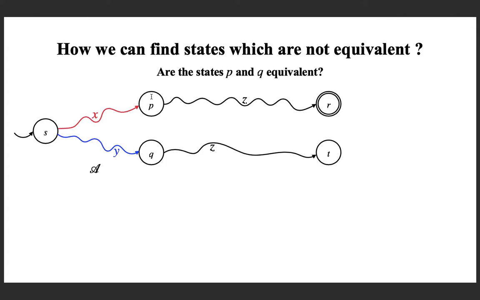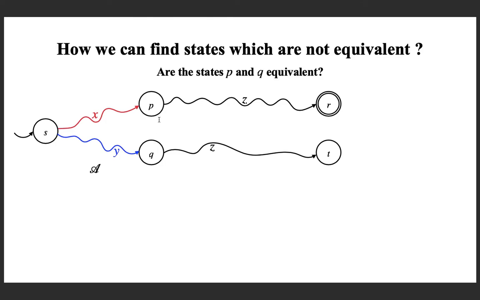Now, we need to find an answer when two reachable states are both non-final. Are they equivalent? See this situation: x is taking you from the start state to P and y is taking you from the start state to Q. So, they are reachable, but both are non-final.